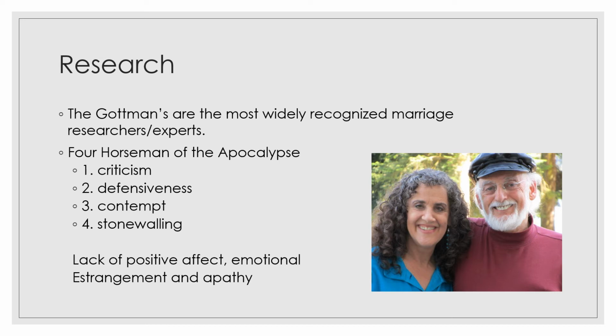So what the Gottmans have done throughout their research is break it down into these four core major issues. The goal is to get rid of the criticism, defensiveness, contempt, and stonewalling, and then build in more healthy, appropriate communication patterns between the spousal partners so that it will lead to a healthier relationship.